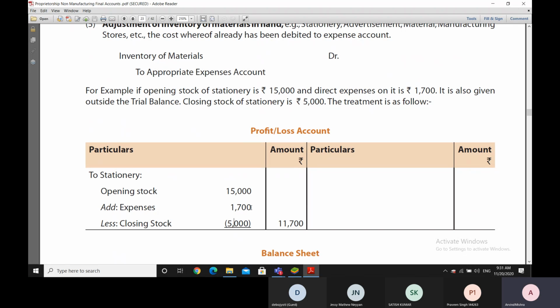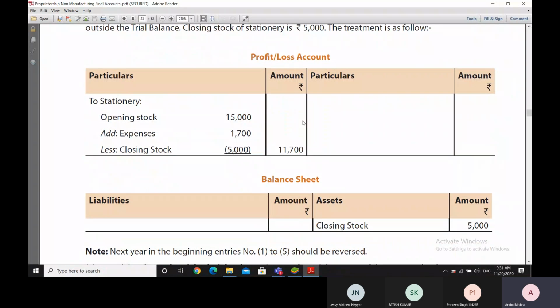And expenditure incurred during the year on the stationery, we are already accounting for, and finally the closing stock that we have got of the stationery will reflect in the balance sheet also as part of the closing stock.